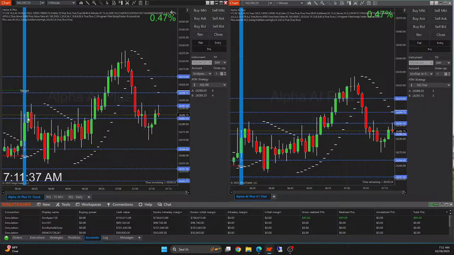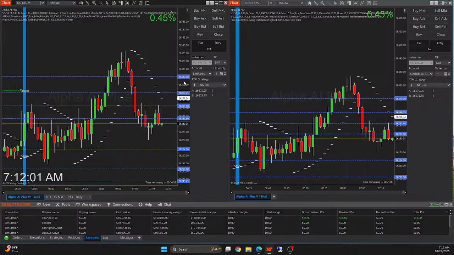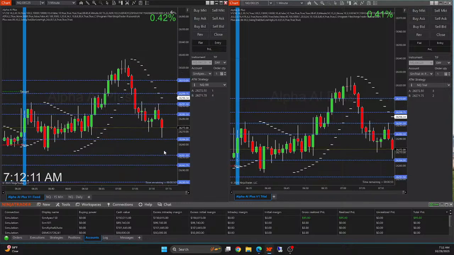And then you can move your target to stop loss if you want, which we do here. And we have another template running by itself. Very easy. That's a deeper pullback downside. Let's see.